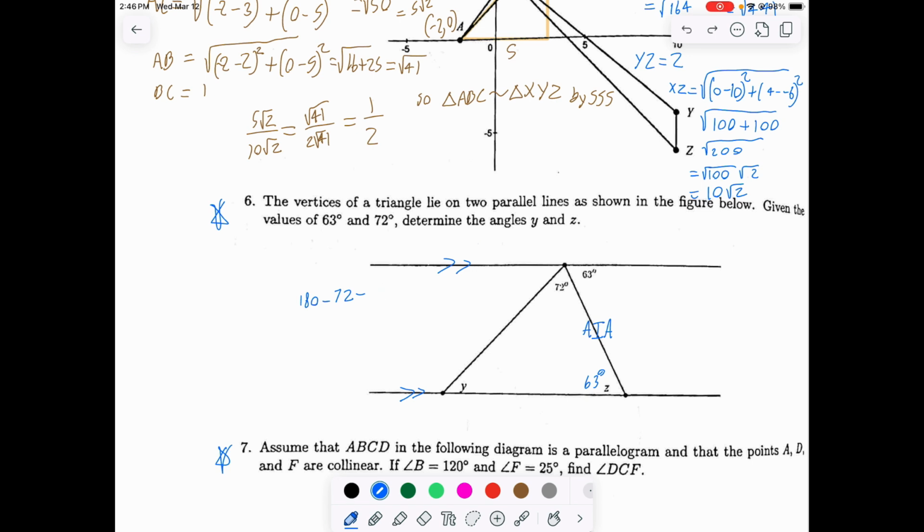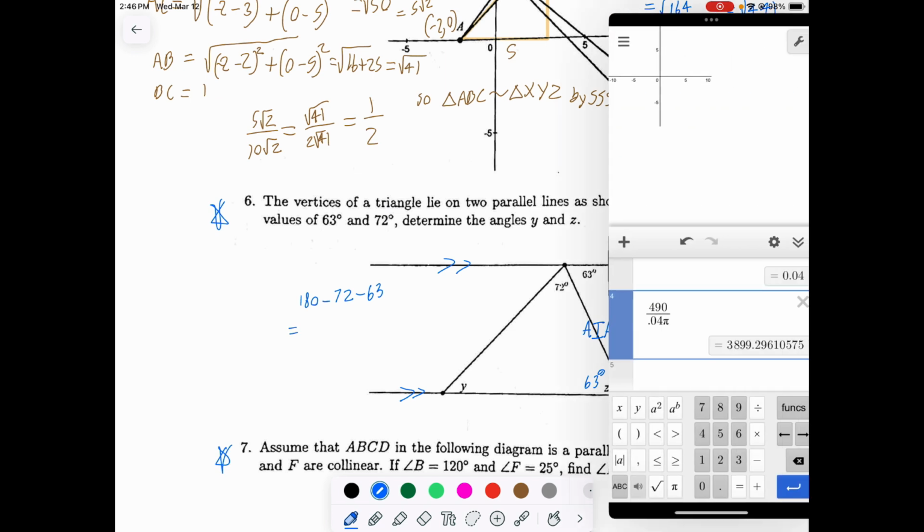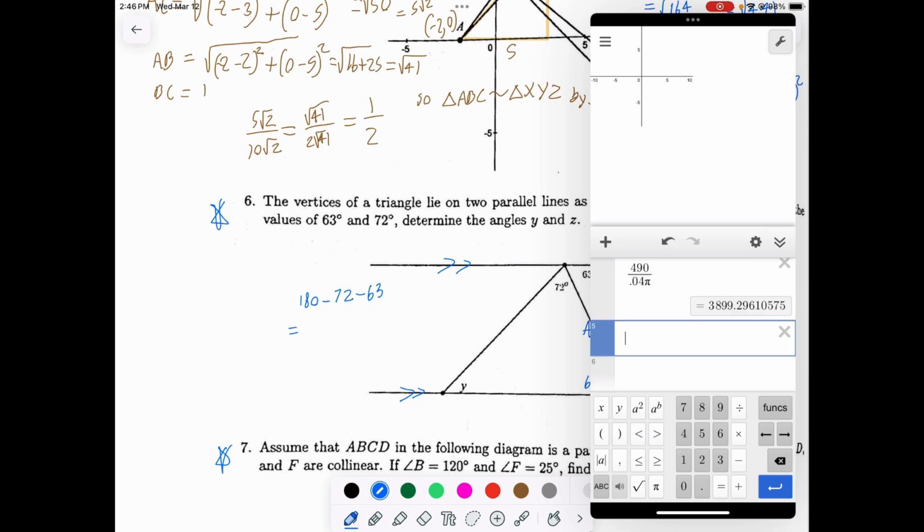I'm just going to use a calculator real quick for that. 180 minus 72 minus 63. And so I end up with 45 degrees. Using the triangle sum theorem, this is 45 degrees, TST.